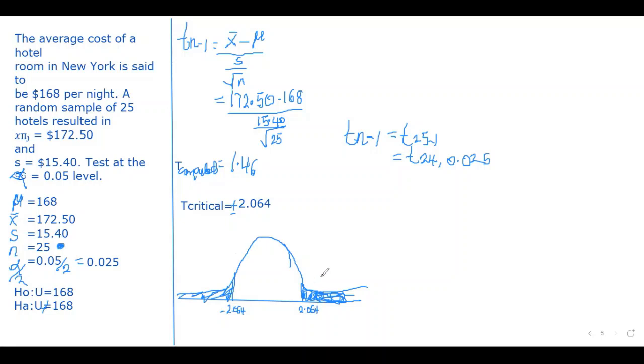Okay, then we represent the t computed on the graph. So negative 1.46 will be here, and a positive 1.46 will not be in the shaded region.